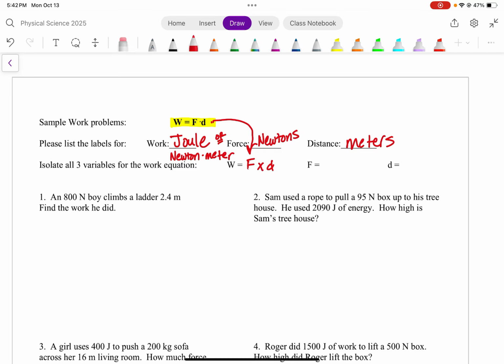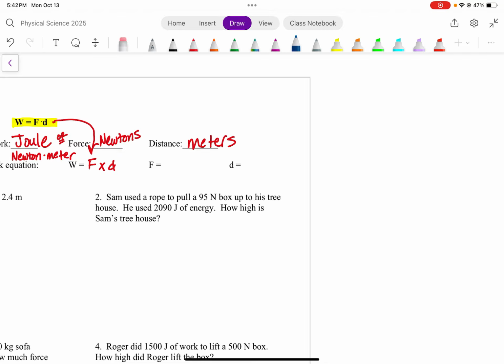But if I want to get F by itself, F is currently multiplying times D. The opposite of multiplying times D is dividing by D. If I divide on one side, I have to do that to the other. And so my D's cancel, and F is by itself. I like to put the F on the other side, so I like to see it like this, work divided by distance.